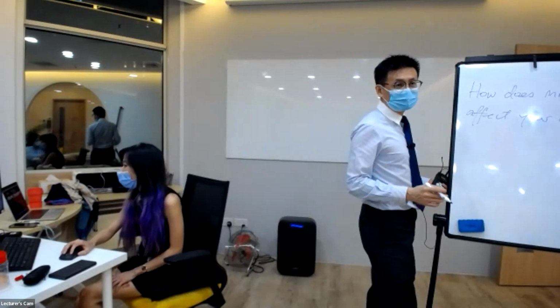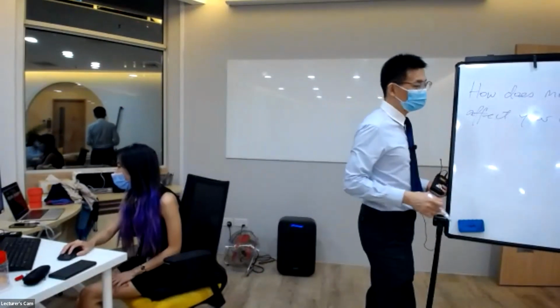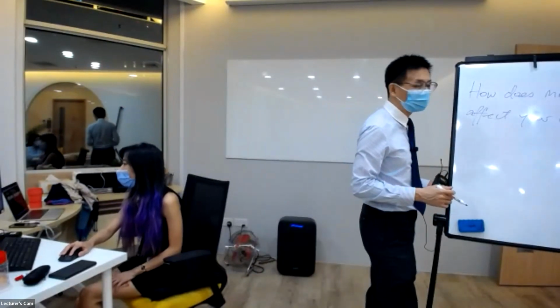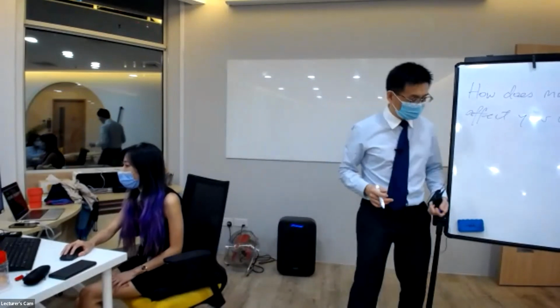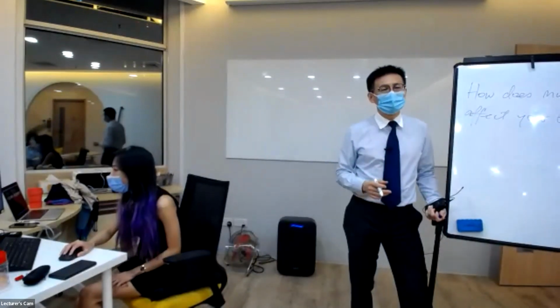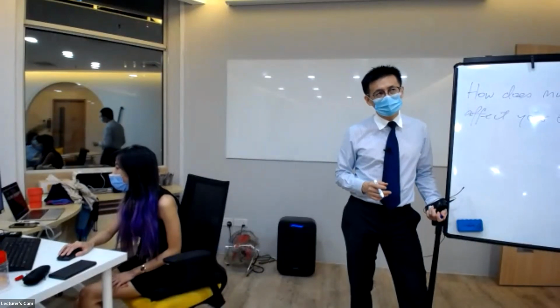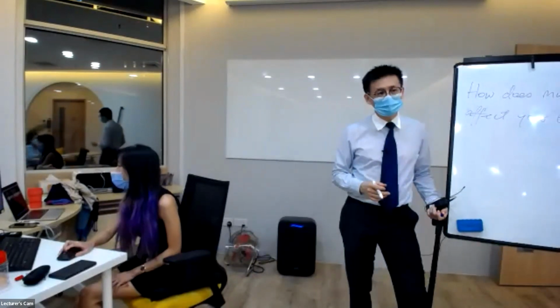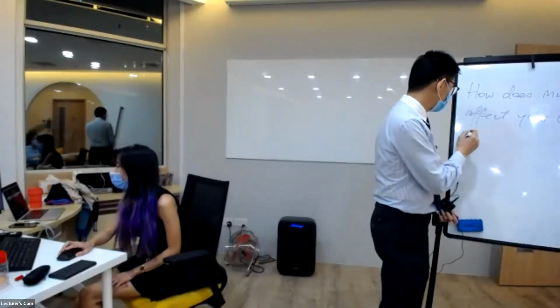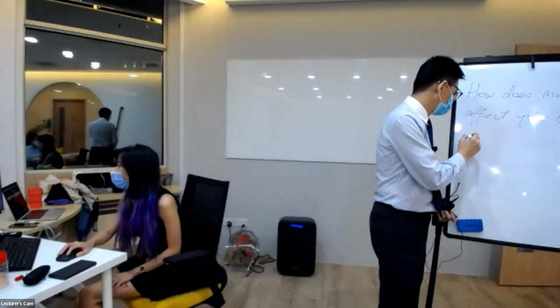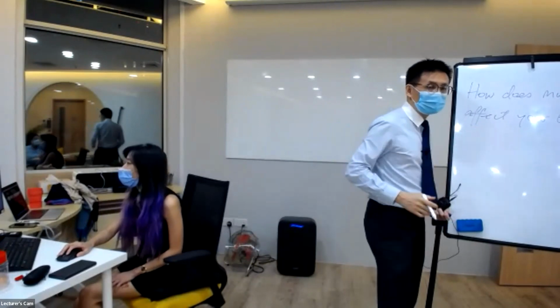Alternatively, if you want to use a cell phone now, you can. How does music affect your brain? You fast forward to the part at 9 minutes 4 seconds. If you are using your cell phone, this is what you key into YouTube.